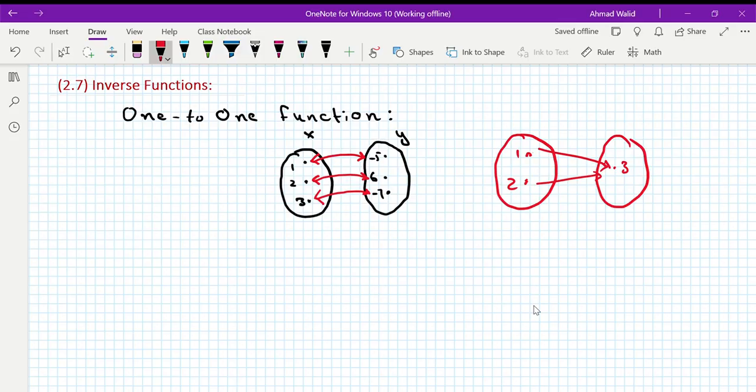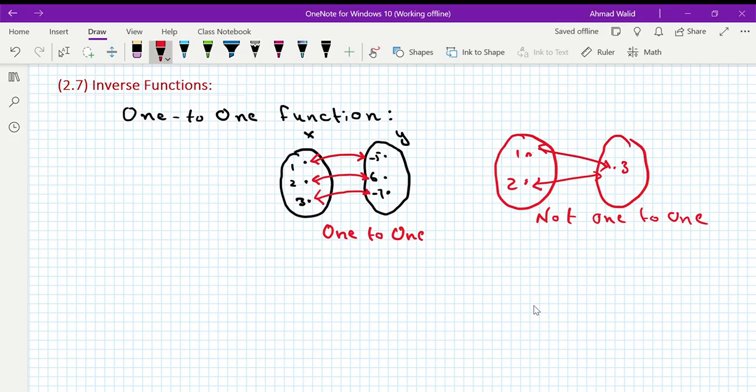But this one is not one-to-one because you see, 3 goes to 1 and also 3 goes to 2. This is not one-to-one, it only represents a function, but this one, 1, 2, 1, represents a one-to-one function.